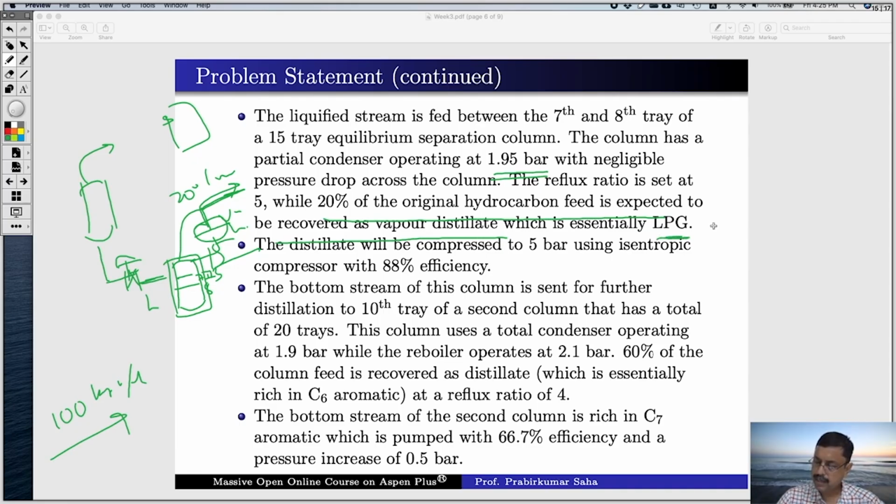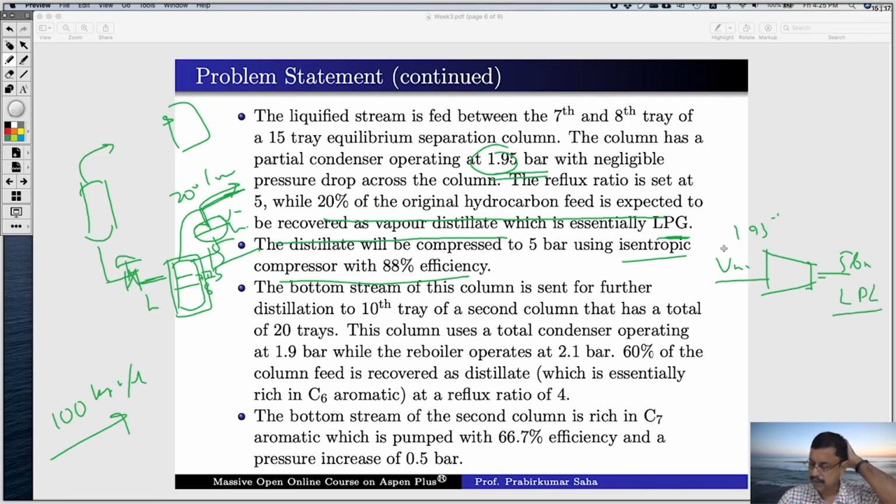Now this distillate will be compressed to 5 bar. Here it was operating at 1.95 bar, so it will be compressed to 5 bar using an isentropic compressor with 88% efficiency. So this is the vapor distillate at 1.95 bar. Here it will be 5 bar LPG, which will be recovered after the isentropic compressor.